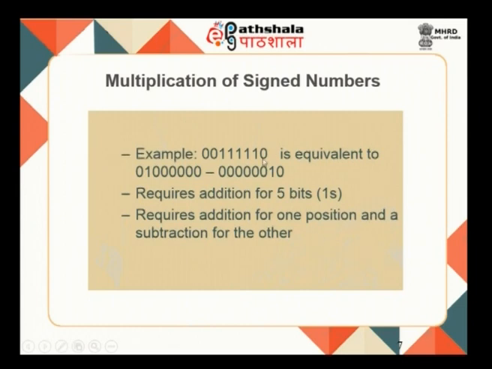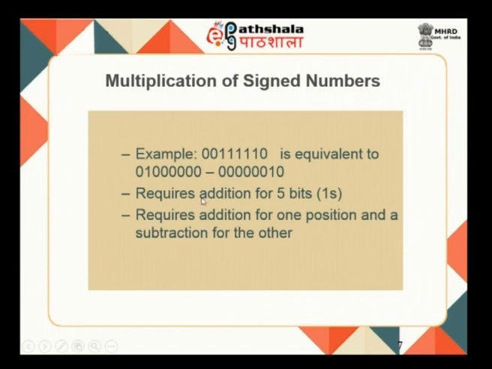So, 0 0 1 1 1 1 1 0 is obviously equivalent to this minus this. We are not changing the multiplier value at all; it is just represented differently: instead of writing it as 14, you are writing it as 16 minus 2. Similarly, you can do the same operations with these bits also.